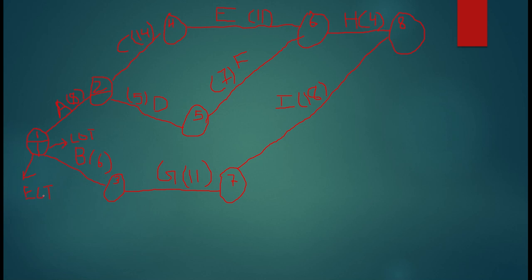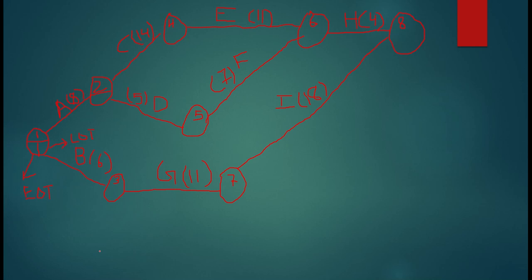So what is the meaning of earliest occurring time and latest occurring time? Earliest occurring time is how early an activity can get started.